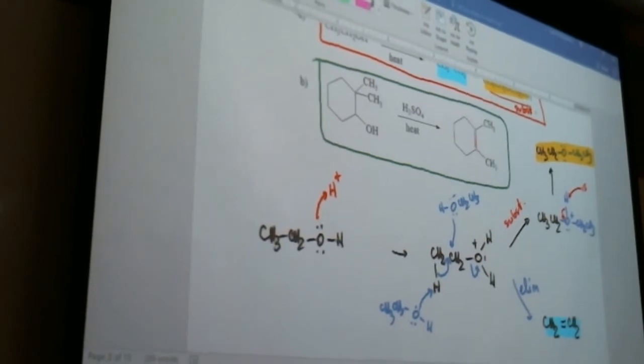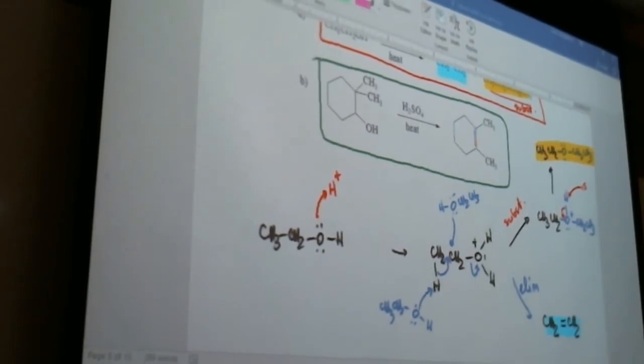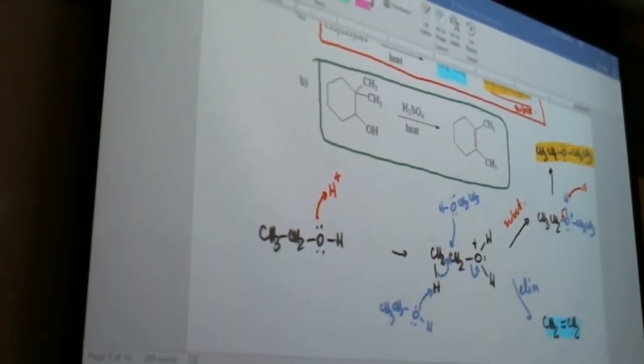In here, we're not talking about substitution at all. I just wanted to explain this rearranged elimination product. You notice that I had two methyls here, well, in here I have my methyls here. So this is clearly a rearranged product. So go ahead and show me the mechanism for that.